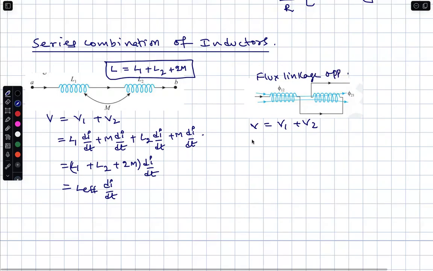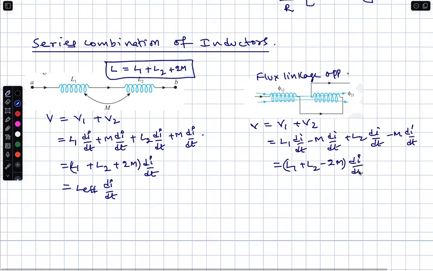Flux linkage opposite. So in this case, you will write it as L1 di by dt minus M di by dt plus L2 di by dt minus M di by dt, which is L1 plus L2 minus 2M times di by dt.